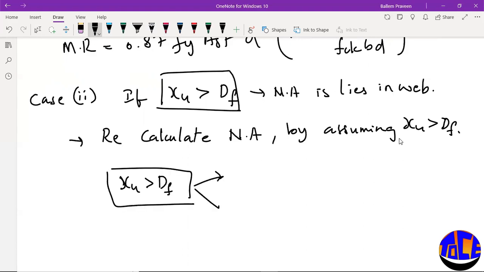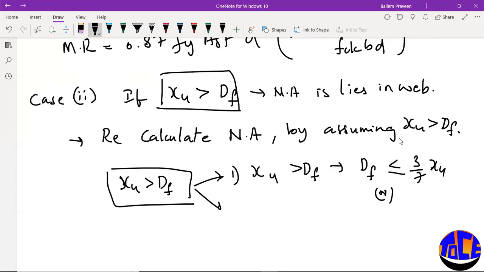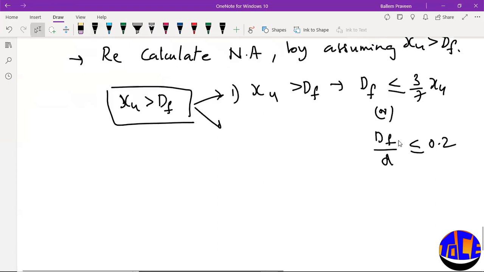The first: xu is greater than Df and Df is less than or equal to 3/7 of xu, or as per IS 456, Df by D ratio is less than or equal to 0.2. So this will be your first case.